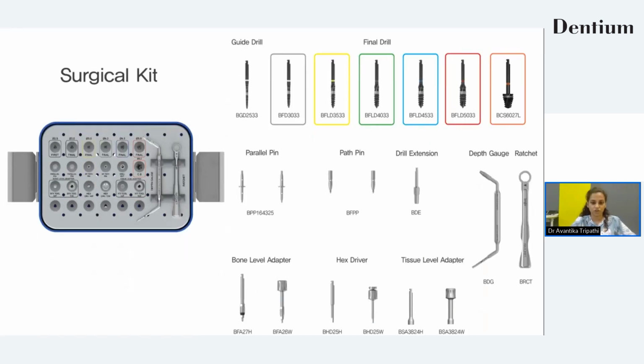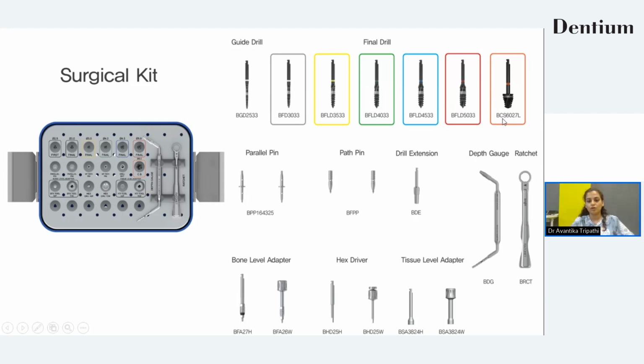This is the surgical kit which will be used for the placement of Bright bone level and tissue level implants. This is the initial drill or the guide drill available in 2.5 diameter, then 3, 3.5, 4, 4.5, 5 and 6. The 6 mm drill is not a complete drill, it is just a countersink drill.